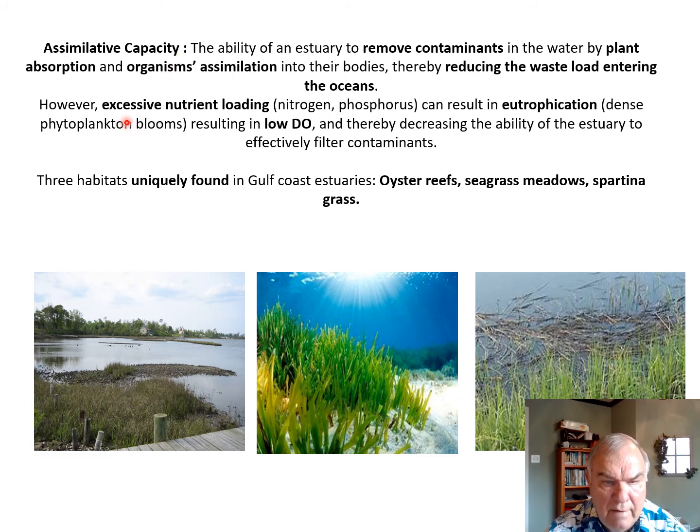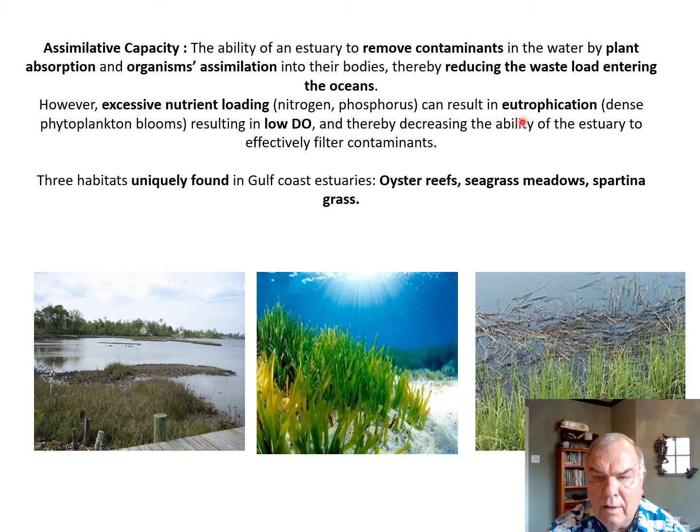However, you can have too much of a good thing. As we mentioned before, one of the benefits of freshwater coming into estuaries was the contribution of nitrogen and phosphorus into the estuary. But you can have too much of a good thing, and excessive nutrient loading results in what we call eutrophication, eu meaning well, troph, fed.